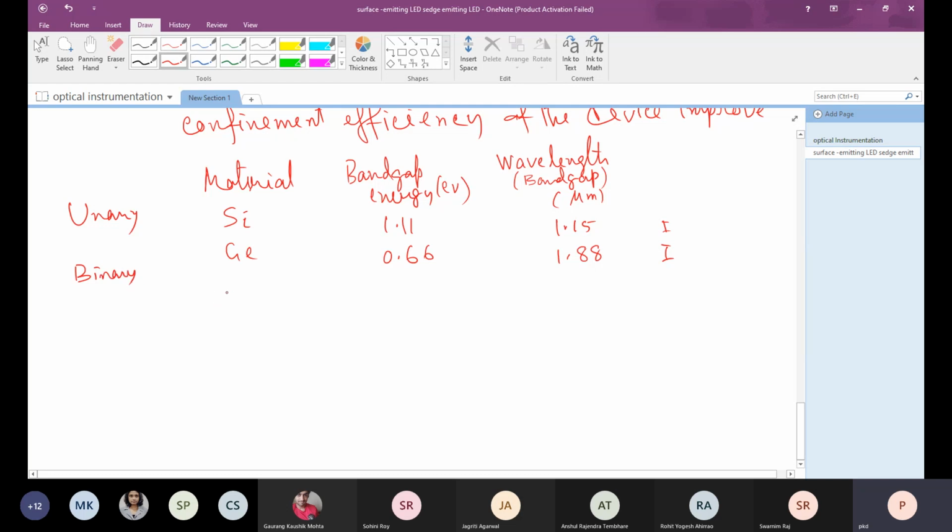Then there are binary semiconductors. AlP is 2.45 eV, in the visible zone, with lambda g 0.52, but this is again indirect band gap. AlAs is 2.16, 0.57, indirect band gap.